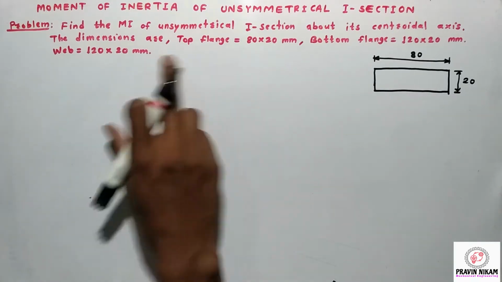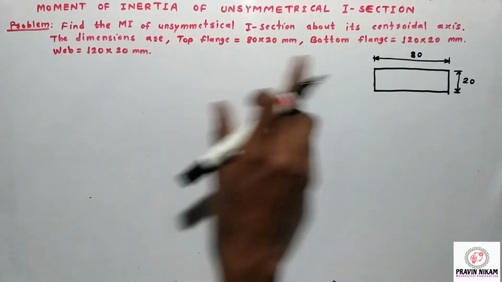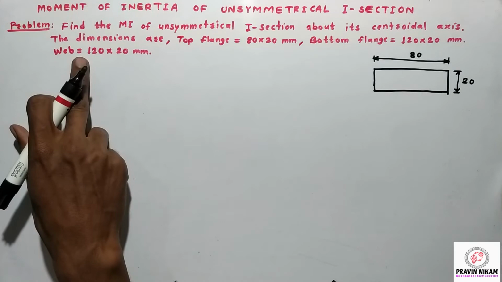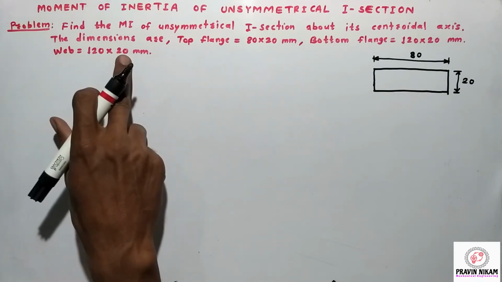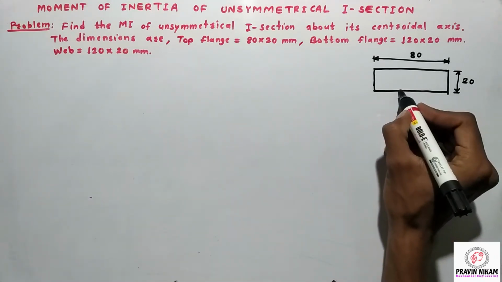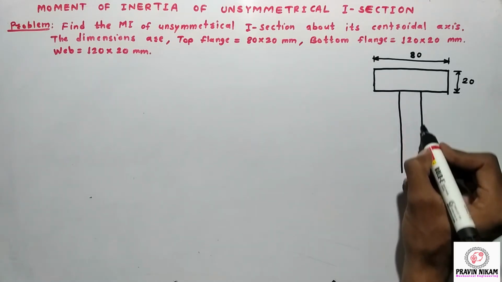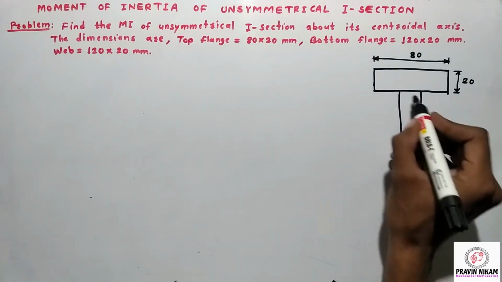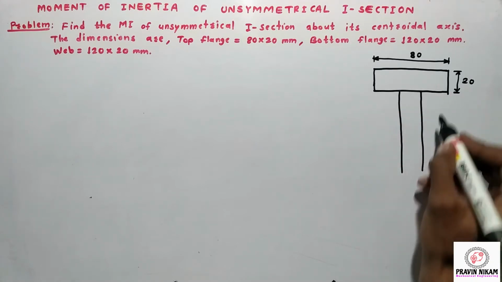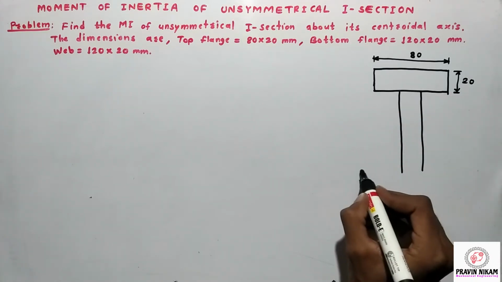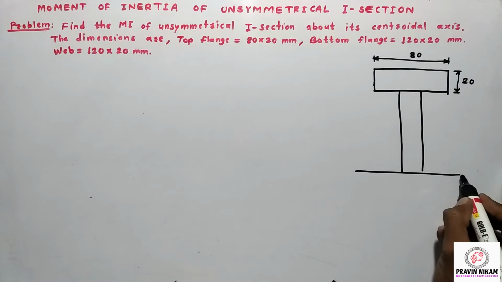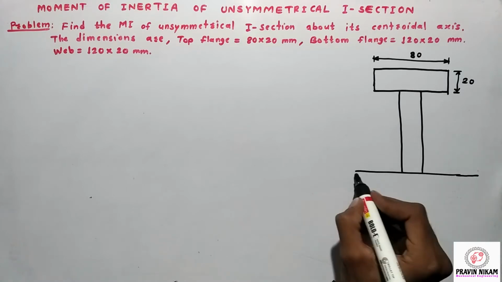Now the web is equal to 120 into 20 mm. So this is 120 mm into 20 mm, and the bottom flange is also 120 into 20 mm.